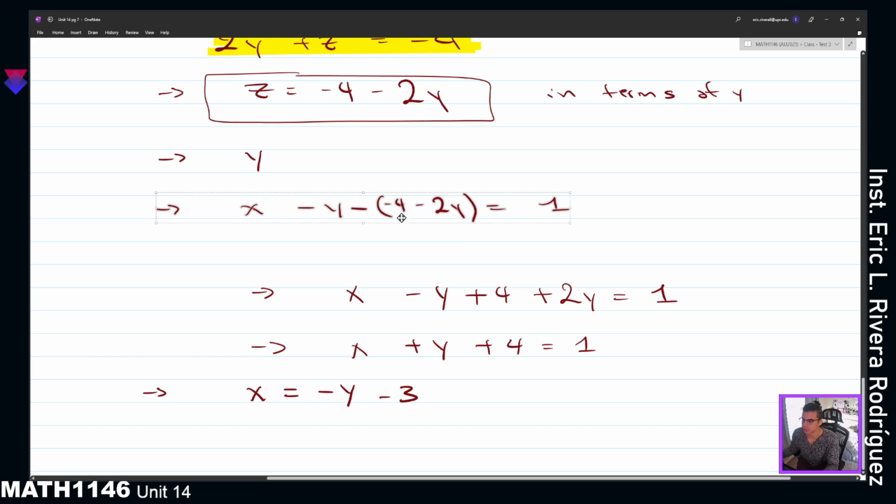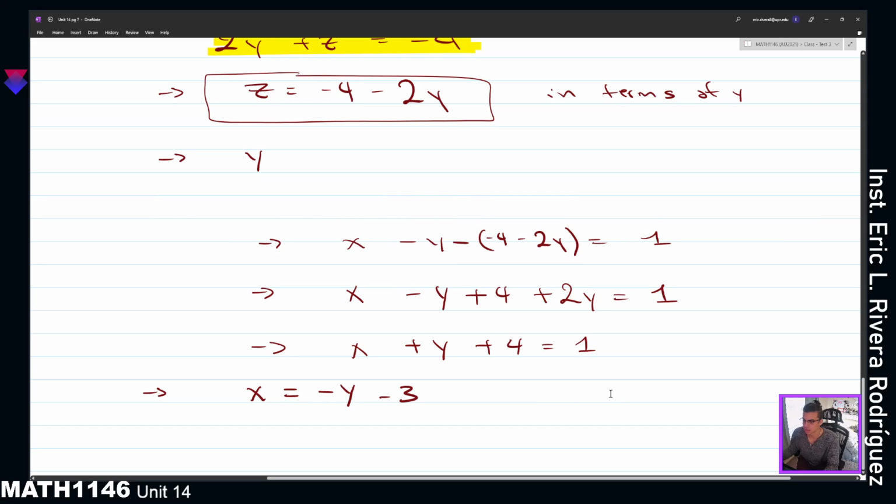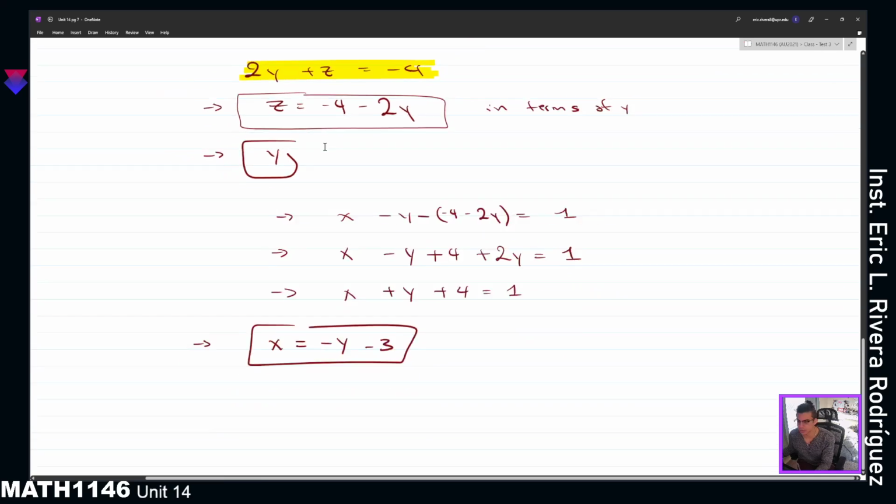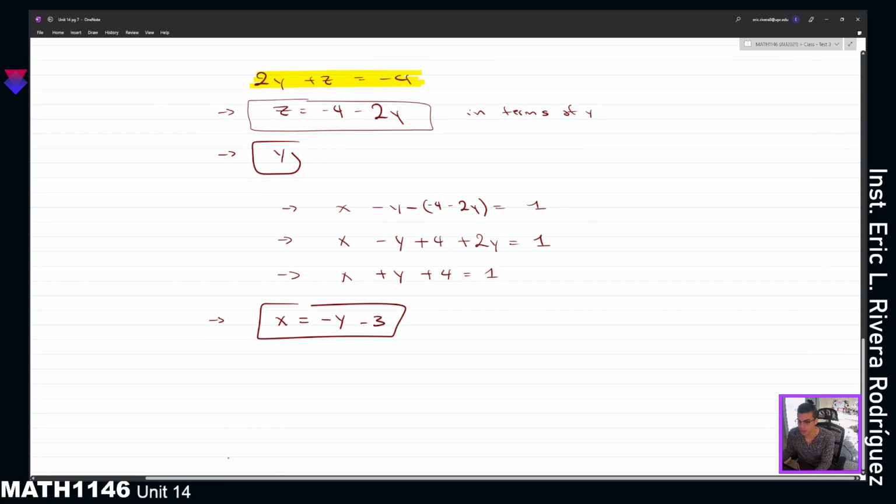Maybe I should put this here. We have an equation for x in terms of y. So now we can reach a solution. It is not going to be a unique solution, as the solution of the system depends on the independent variable y.